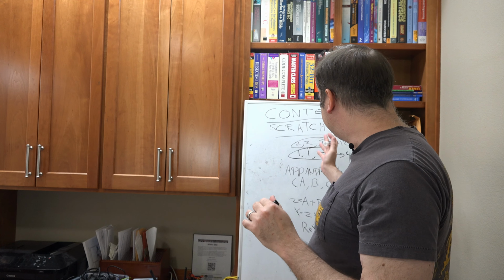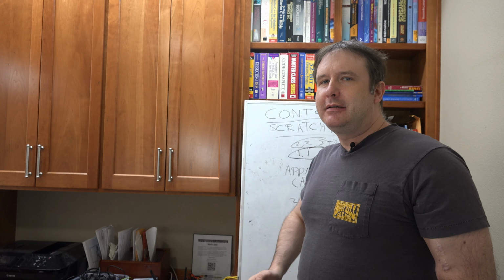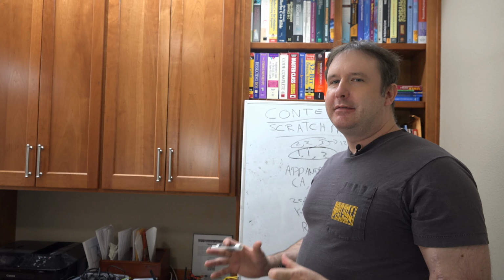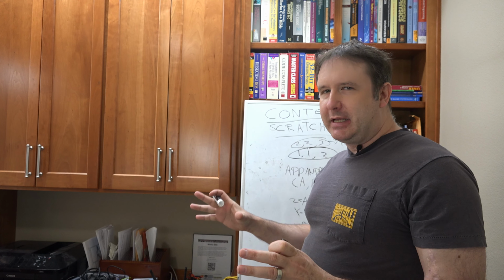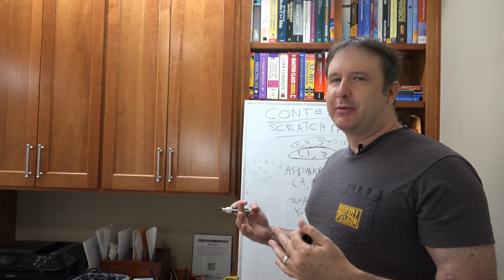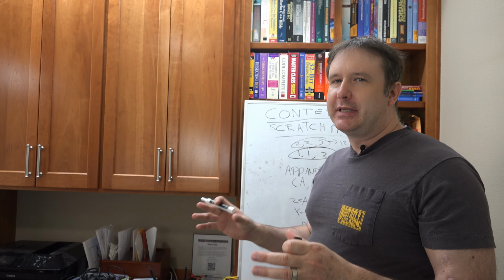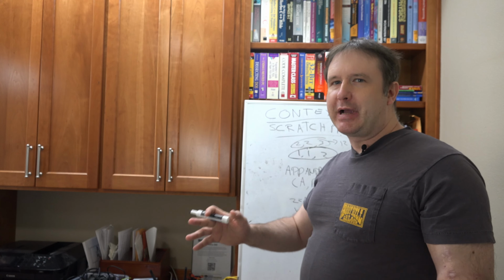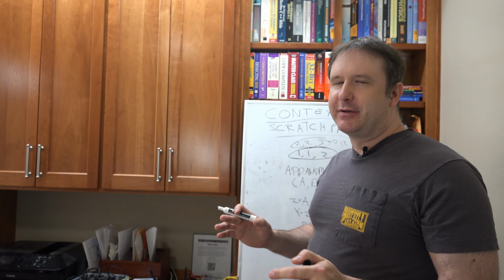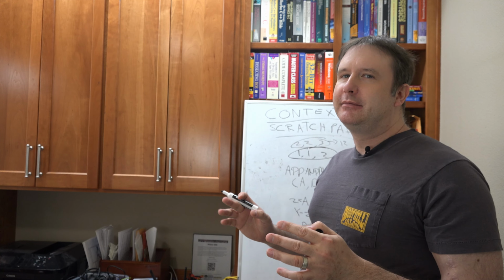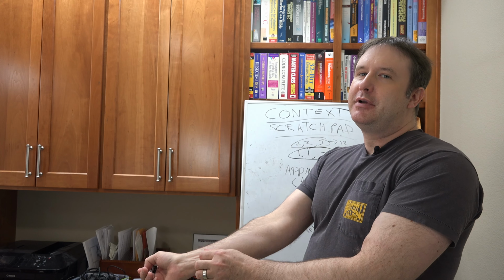So let's start putting this together. We have a context. Context creates the input from which you come up with the result. The Scratchpad is where you think about that result, your scratch space where you write down information, which is also your context, and then you come up with the result.